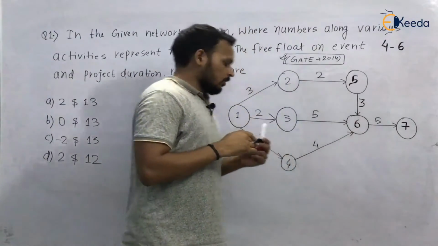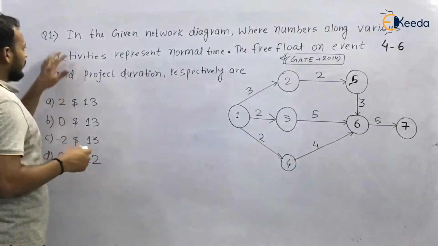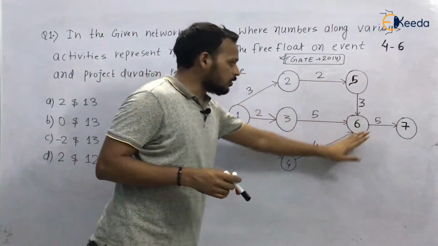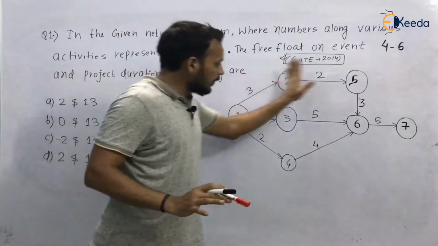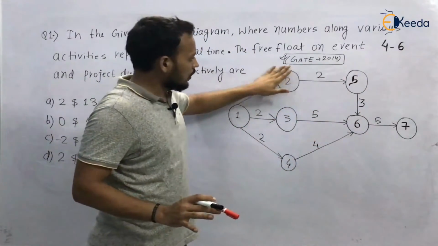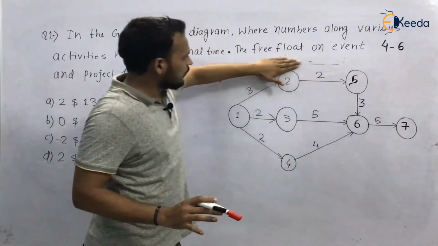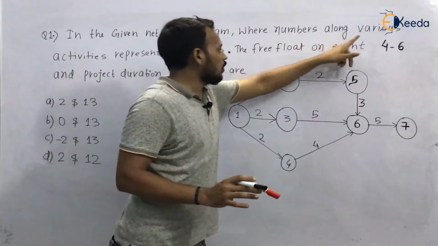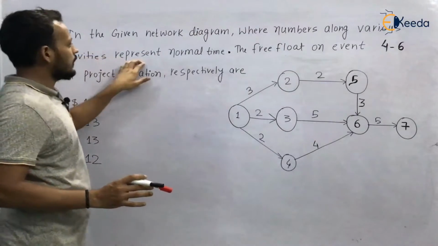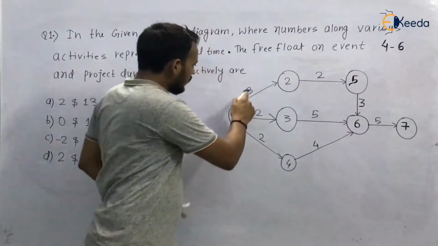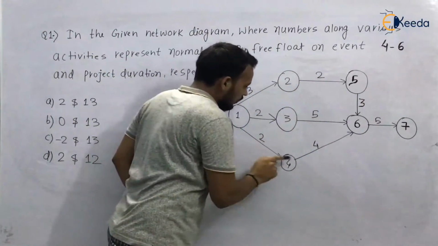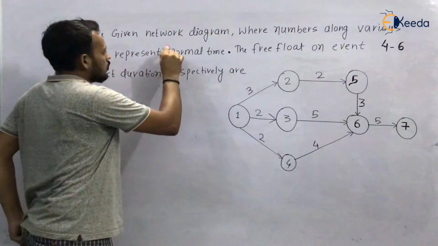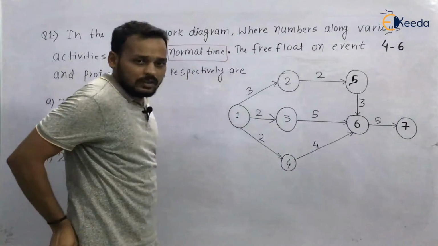So what it is saying is that in the given network diagram, a network diagram is already given in the question. You do not have to make the network diagram. In the given network diagram, the numbers along various activities represent the normal time. Normal time we can also say is the activity completion time.